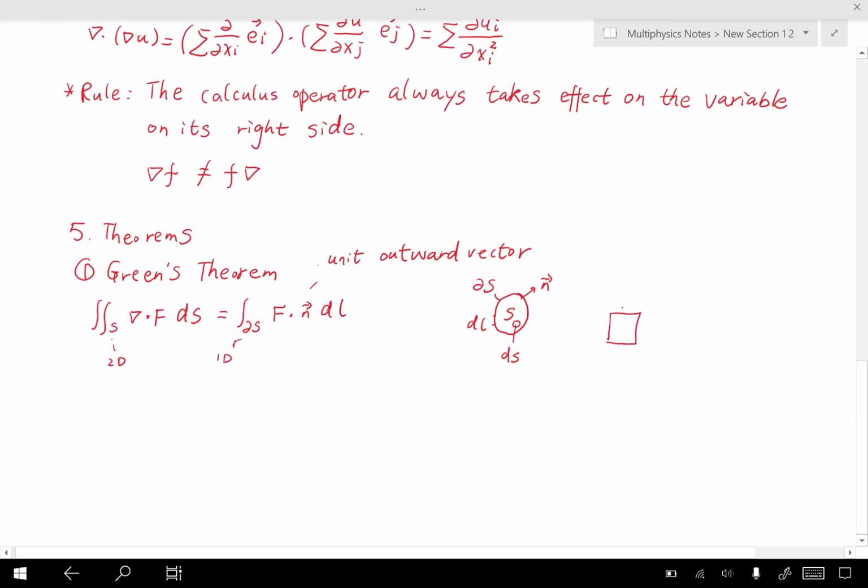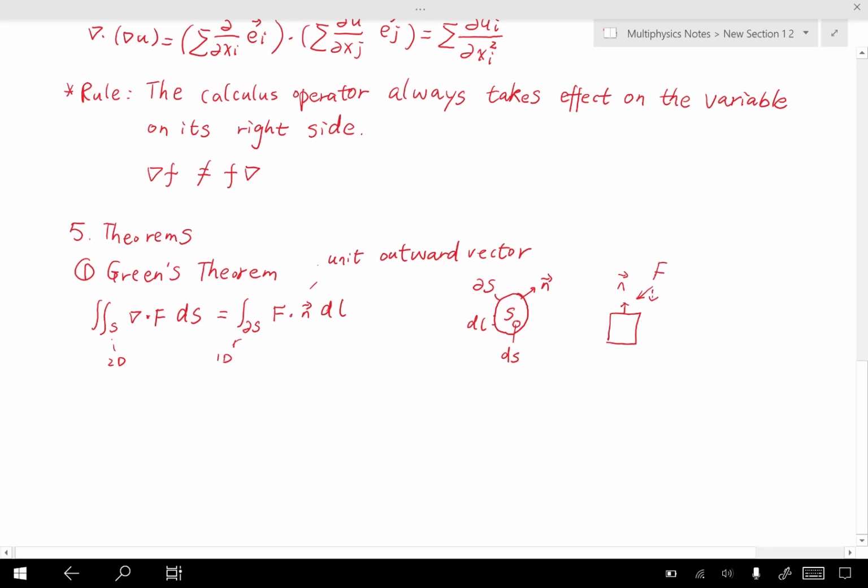And when we want to see how much material will get into, for example, if we have something like this, and N is like this, and we take the dot product of F and N, then that would be how much material will get out of F along this boundary segment.